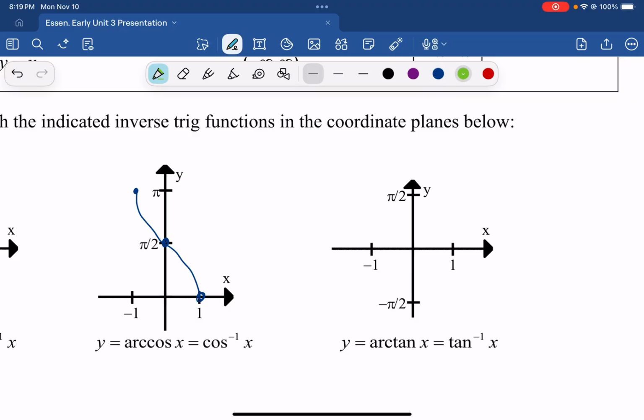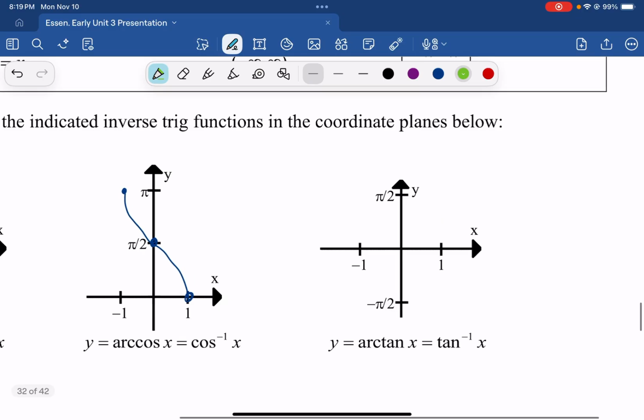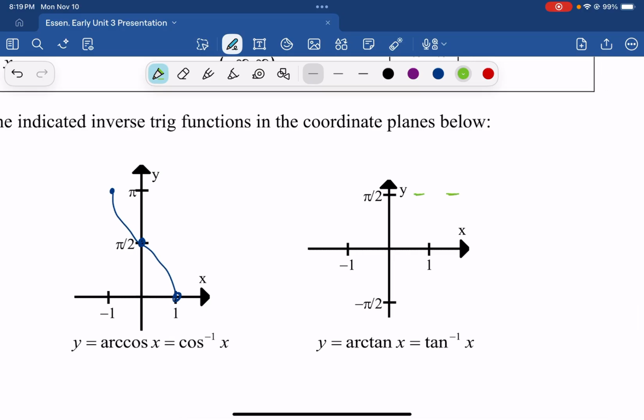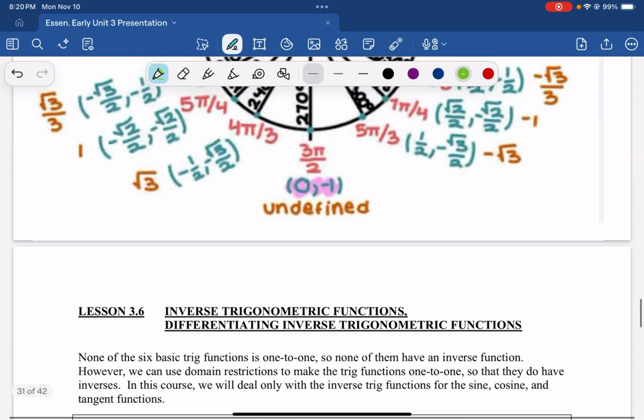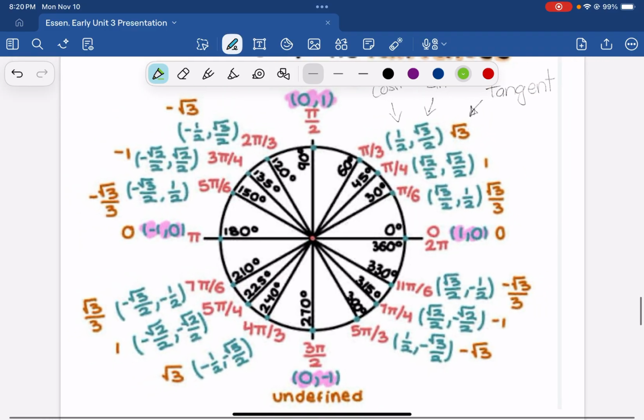Then for tangent, we said its domain is all real numbers, but its range is only between -π/2 and +π/2, but it can't actually be π/2 or -π/2.